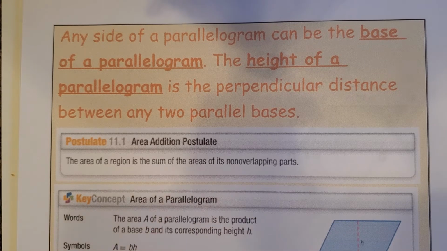We're actually going to talk more about this in a later section. I believe it's section 11.4. I'm honestly not 100% sure. If you want to look ahead, the area addition postulate shows up in whatever section talks about composite figures. We are going to talk about it at some point. I don't know exactly when.